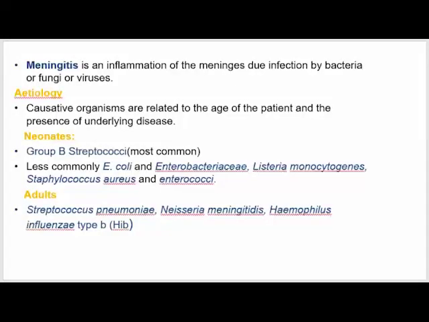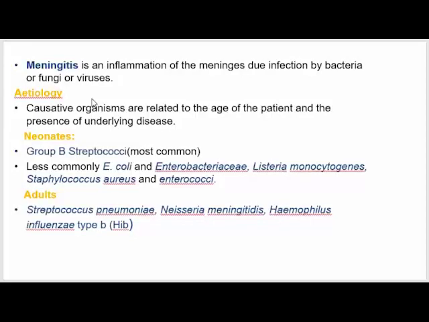The causative organisms are related to the age of the patient and the presence of underlying disease. For instance, the bacteria causing meningitis in neonates may differ from those that may cause meningitis in adults.